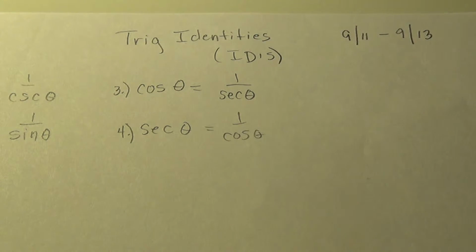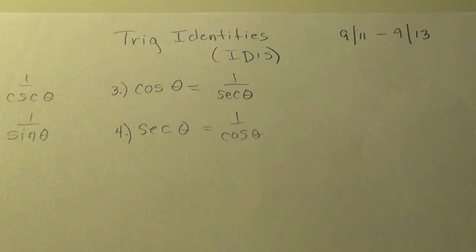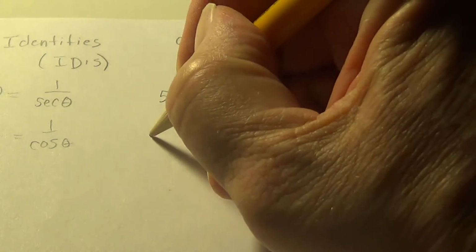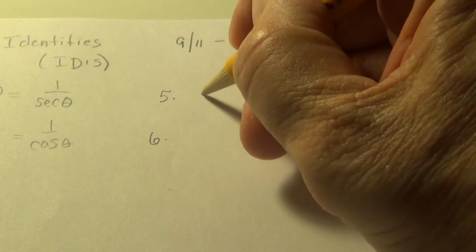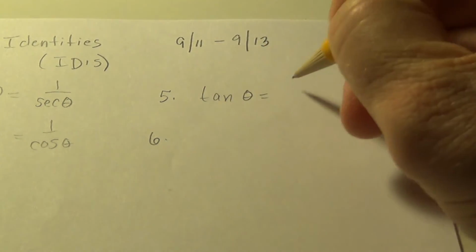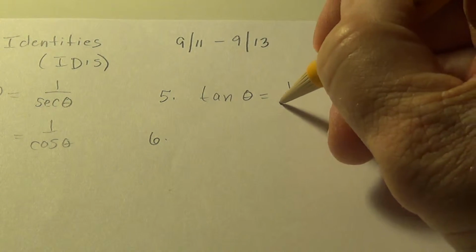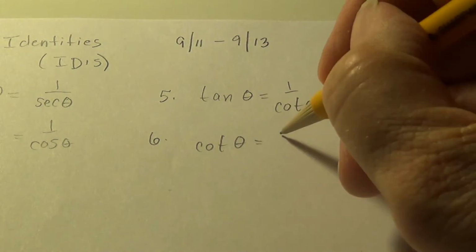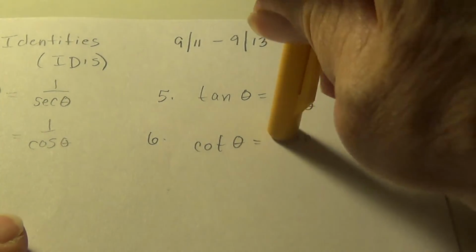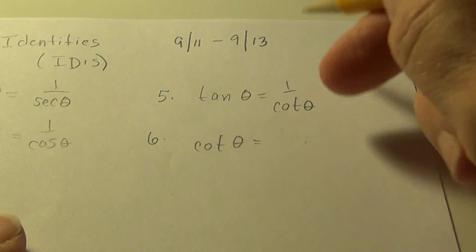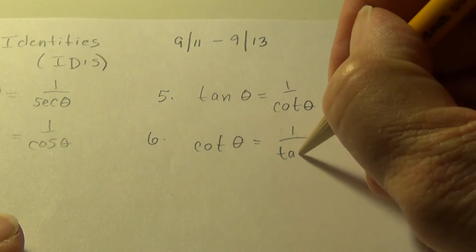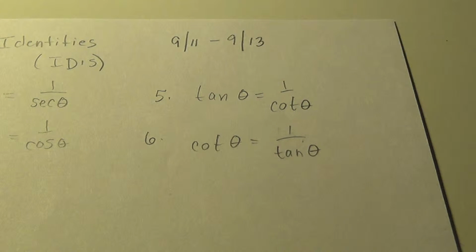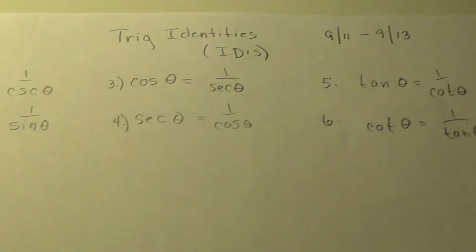And 1 and 2, 3 and 4 are just exemplifying reciprocals. What's going to come next? We're going to start with tangent, which is the reciprocal of cotangent, and cotangent is the reciprocal of tangent. So we have 1 through 6, the first 6 trig IDs.